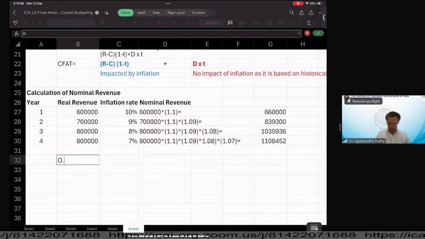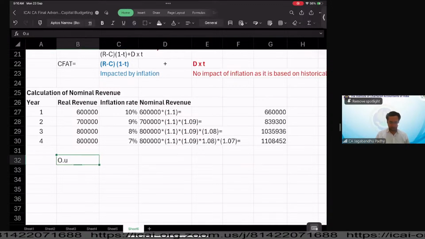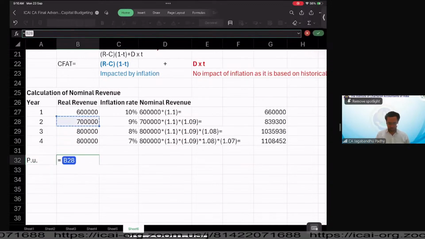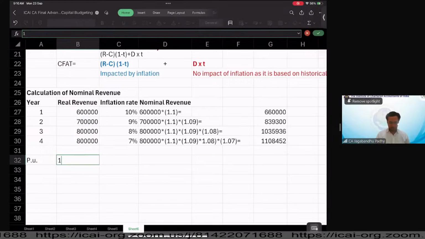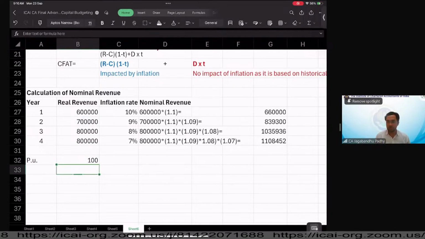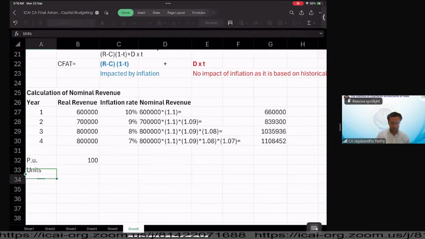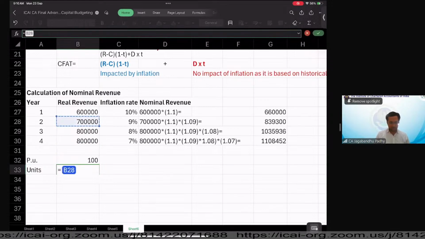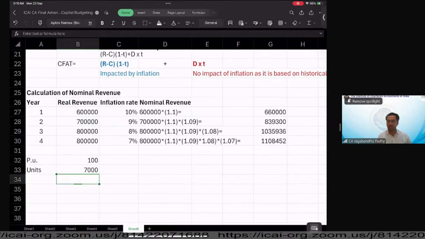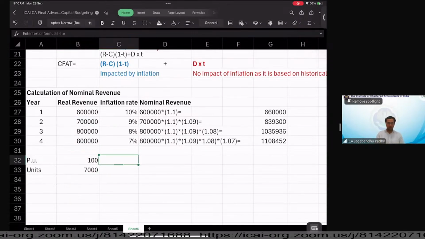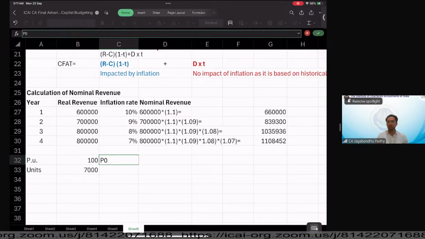So let's say, if I just want to explain it to you, suppose per unit it is 100 rupees. So how many units are we selling? We are selling, let's say in the second year, 7,000 units. But this 100 rupee is the price in year 0.